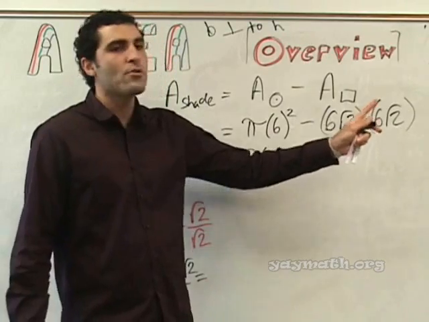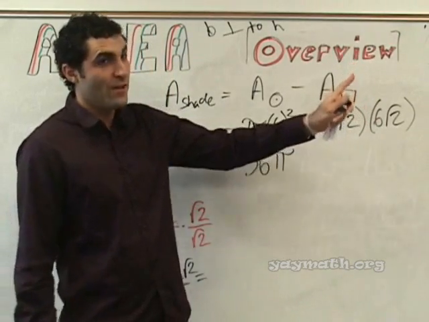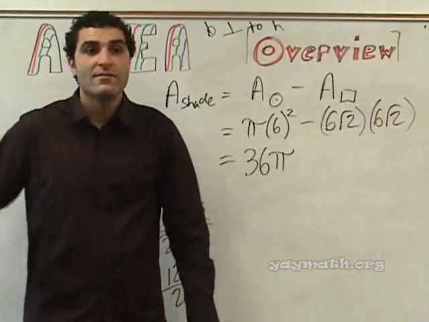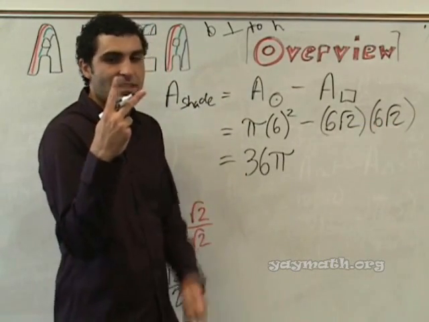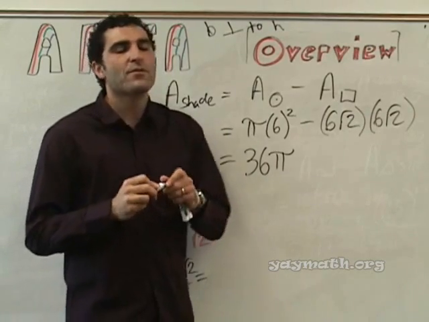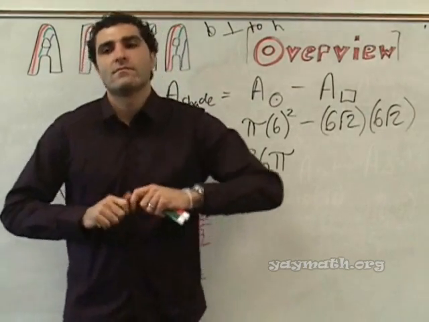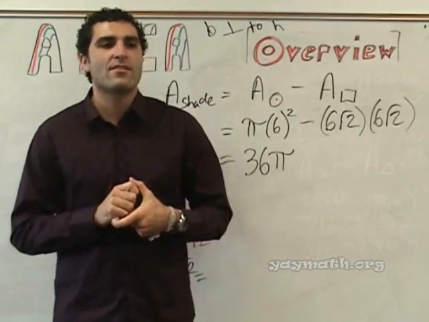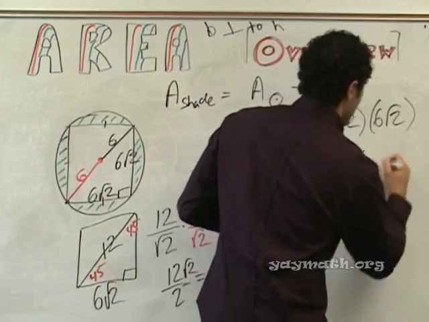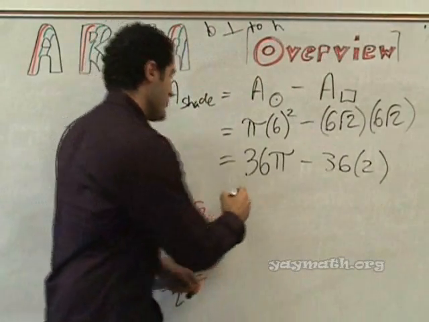Root 2 times root 2 is 2. Root 2 times itself is just 2. So it's 36 times 2.